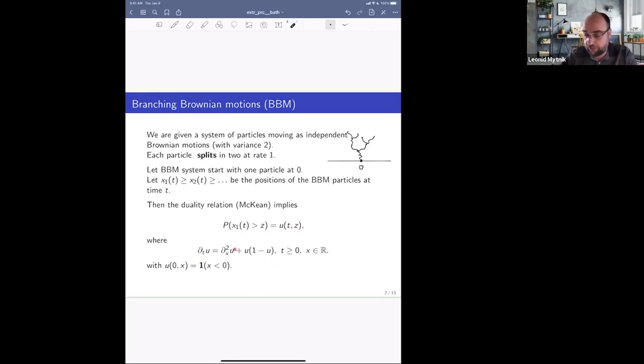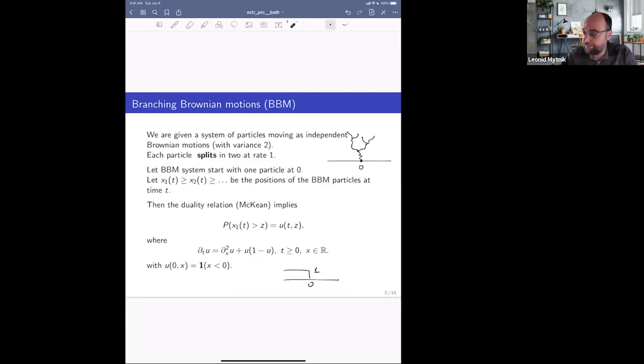So the derivative in time equals the second derivative in space plus a reaction term. This term comes from the Brownian motion, from the motion of particles, and this term comes from the binary branching. And if I start this equation with an initial condition which is a Heaviside function, functions like this, then we solve this equation, and this gives in the end the probability that the rightmost particle is greater than z for any z.